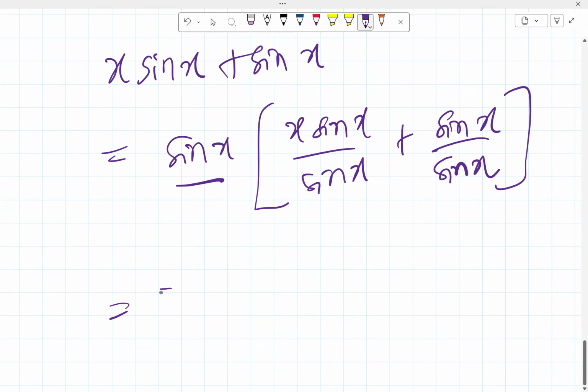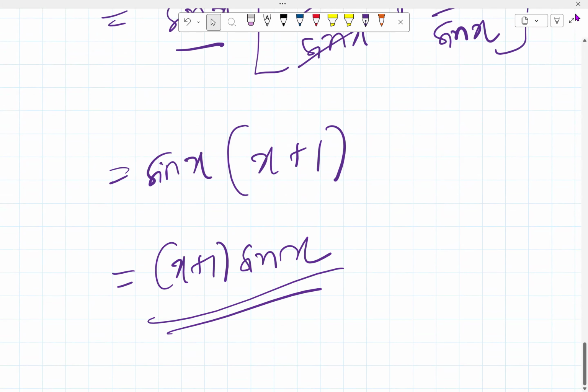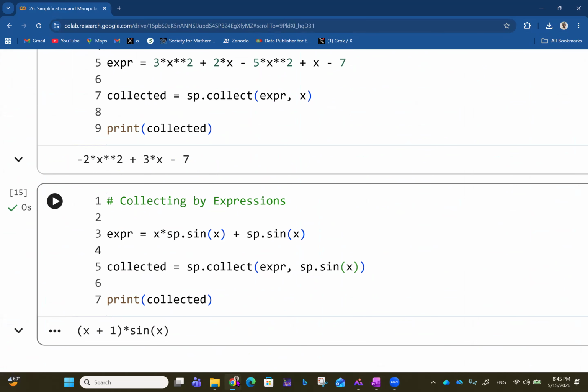So you have sine x into sine x cancel, so you have x plus 1. So then this is equal to x plus 1 sine x. And that's exactly what that gives us right up there. So you have x plus 1 multiplied by sine x.